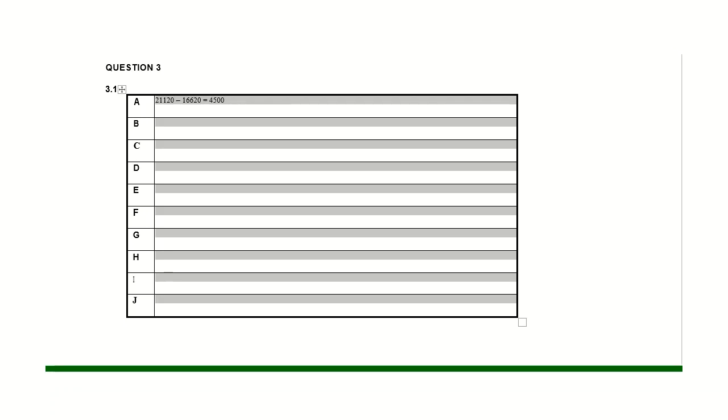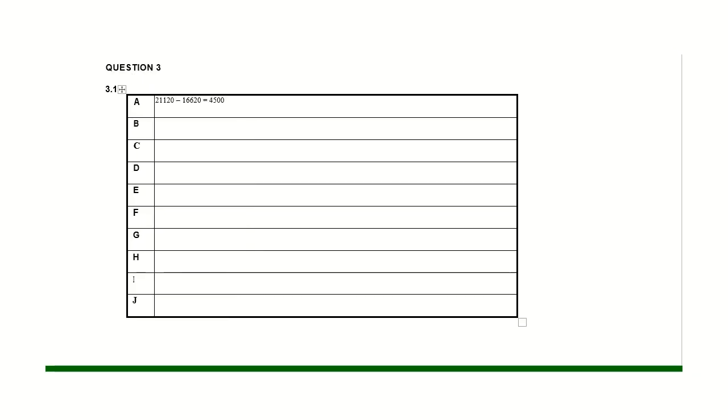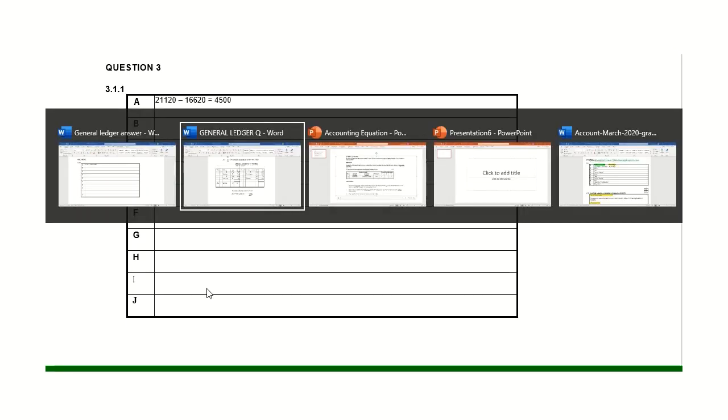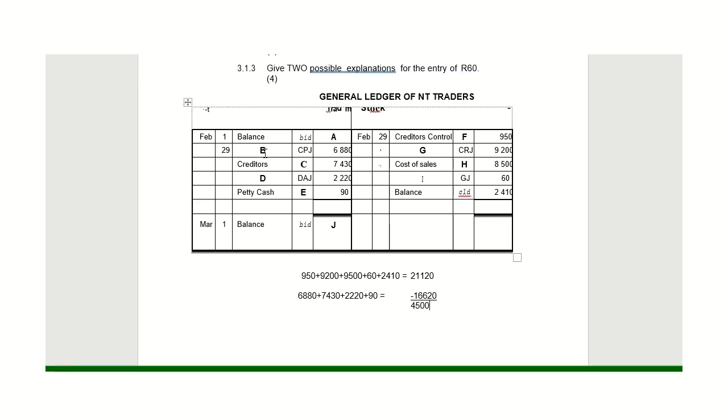Good, so we can look at number 2 then. Let's go back. Or B. B, it says CPJ. In other words, it came from the payment journal. Remember what I said, a couple of ways to increase the trading stock account, but the main way would be to buy new stock.